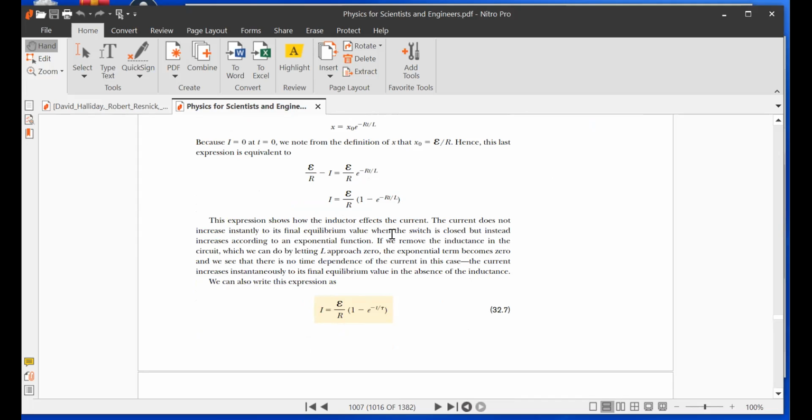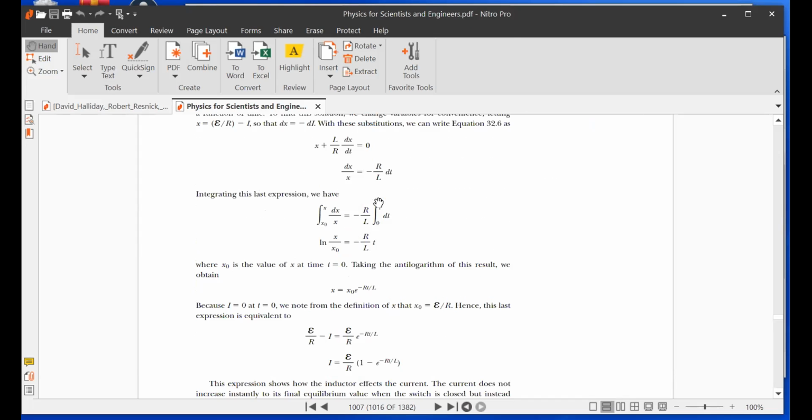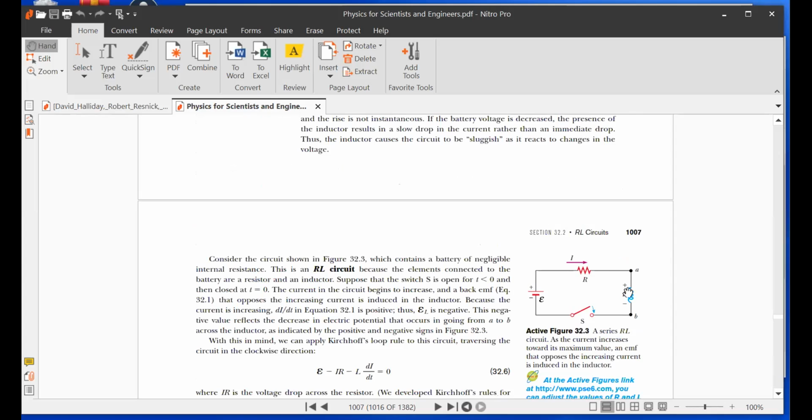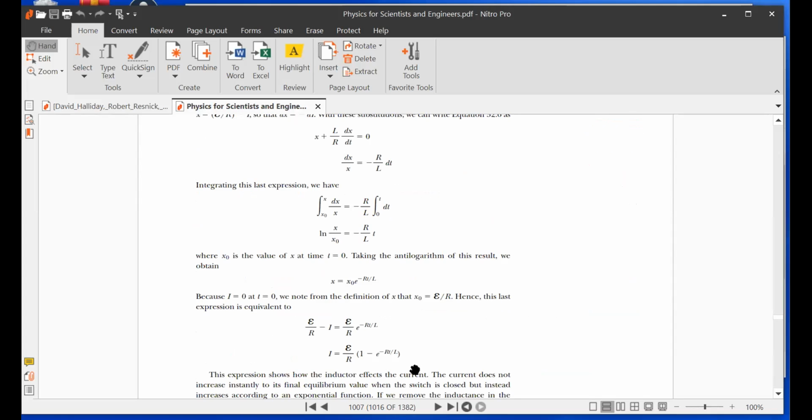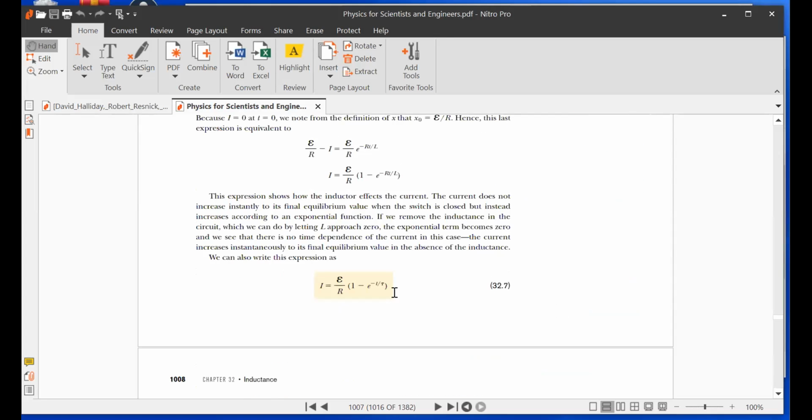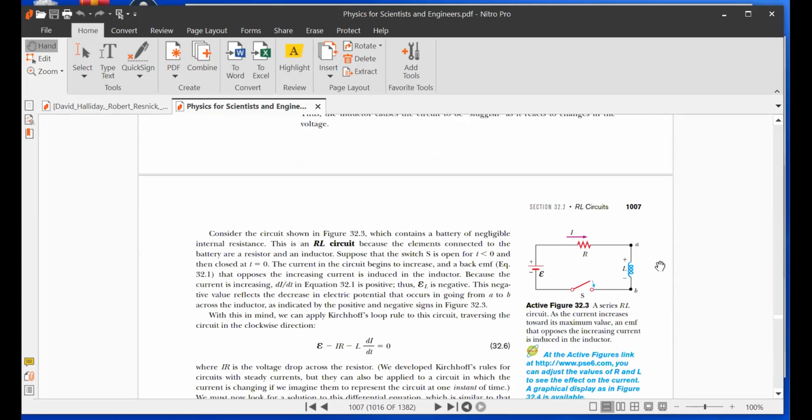At t equals 0, this I, the current that flows in this circuit, will be 0, and then after a very, very long time, this I becomes a constant current, and there is no induced electric field at the solenoid because the current is already constant.